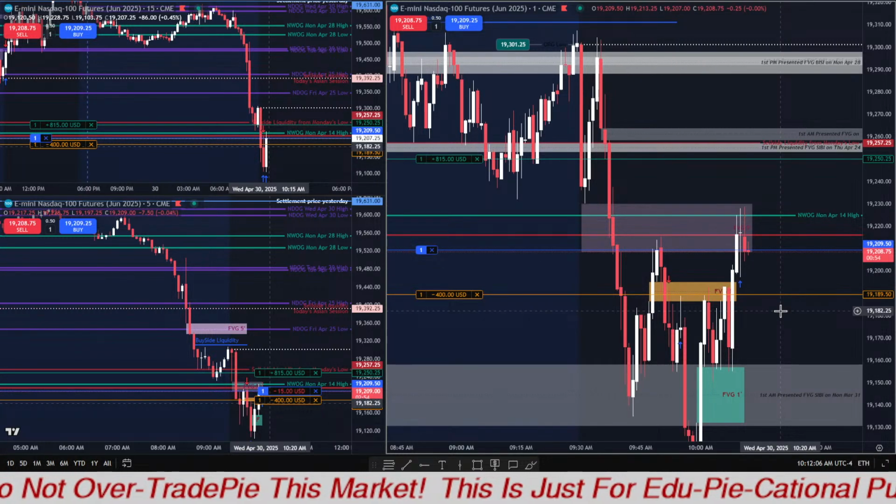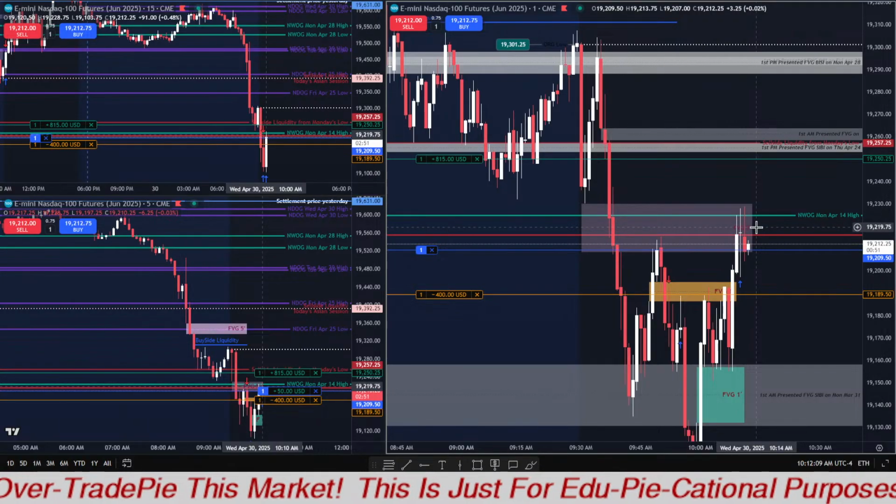The bodies of the candle are respecting this 5-minute fair value gap.